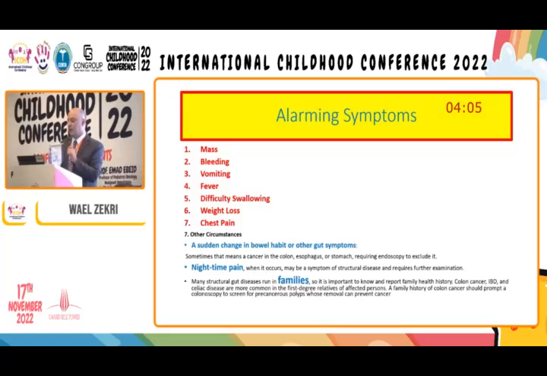Nighttime pain denotes structural abnormality, or if I'm having a similar condition in the family. Of course, as we know, colon cancer can occur in families, and I should screen with a colonoscopy to find precancerous polyps in such situations.